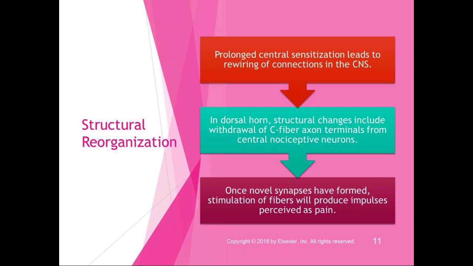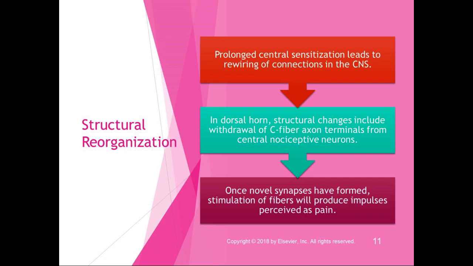So the A beta fibers actually synapse with neurons in the C fiber pain pathway. And so stimulation of an A beta fiber yields impulses that are perceived as pain rather than the normal non-painful A beta impulses. Well, that stinks, right? So once these new synapses have formed, normal non-painful stimuli will produce impulses that are perceived as pain.